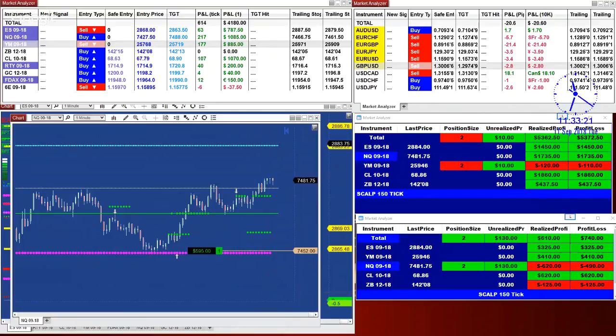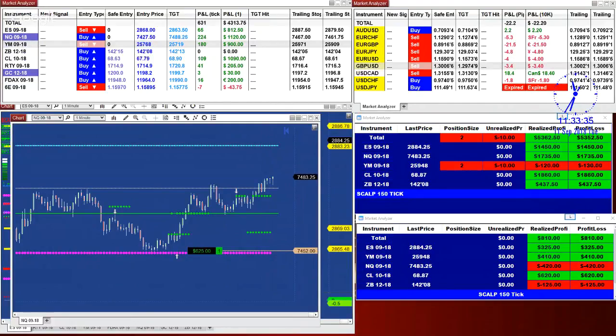This is going to drive any trader crazy. It's failing. It's failing, folks. It's going to retest the 78, 75. We'll see.